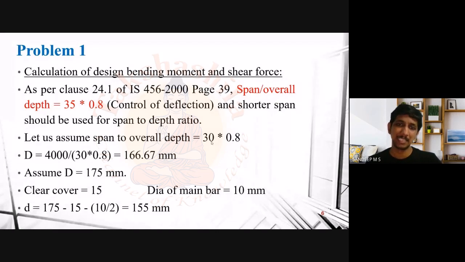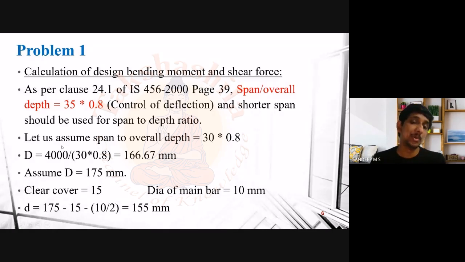They have mentioned that it is regarding that, but that is not correct. We cannot talk with respect to the span to depth ratio of 35 because the length of the span here is 4 meters, and that is restricted up to only 3.5 meters. So we cannot stick to that value of 35 into 0.8 or something like that.